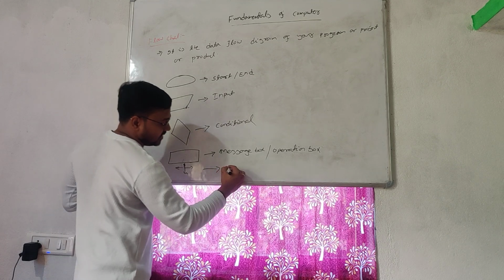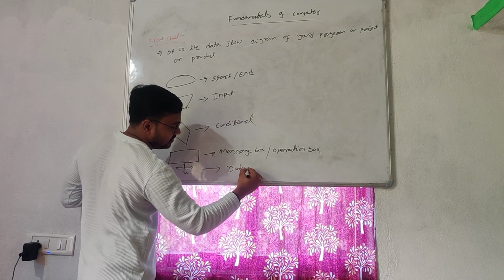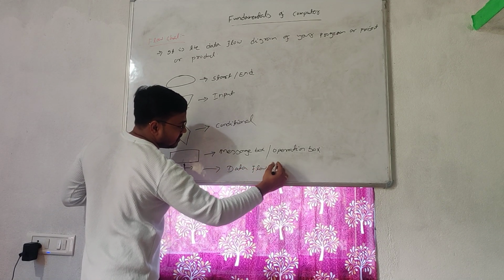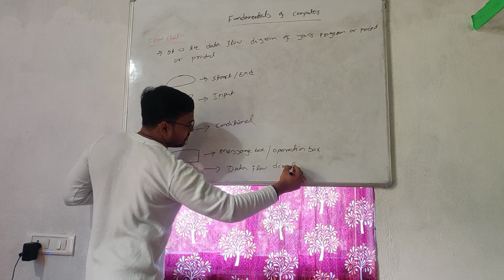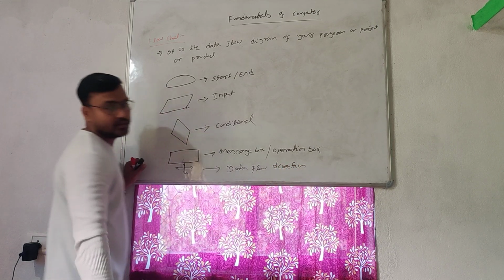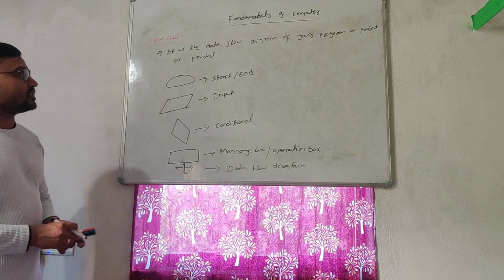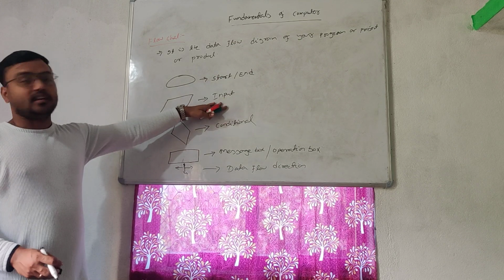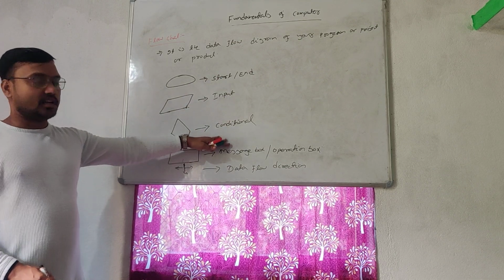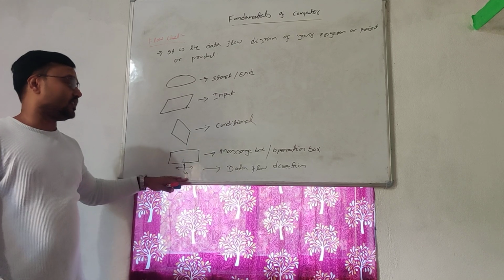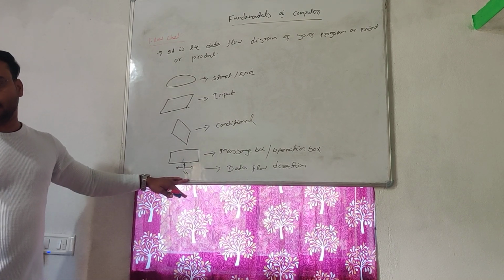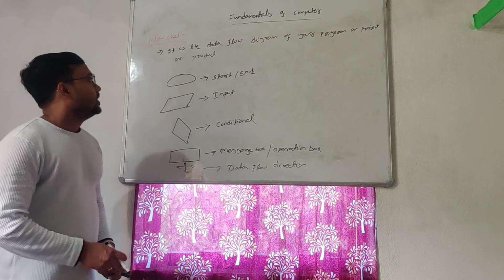This is the data flow direction. Okay. This is the data flow direction. Start and input box, conditional, message box, then the data direction. Clear? Okay.